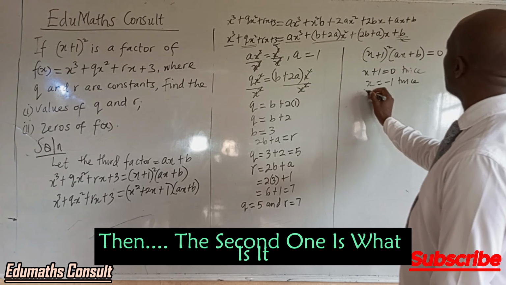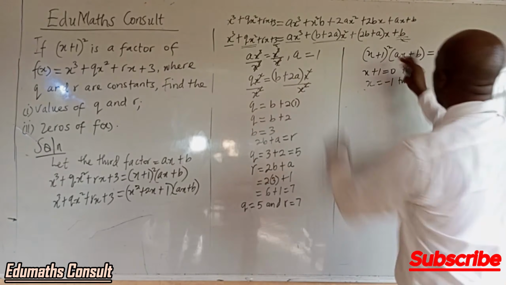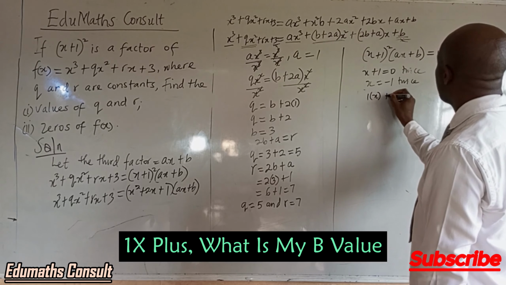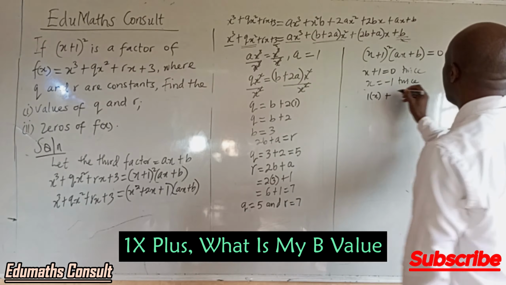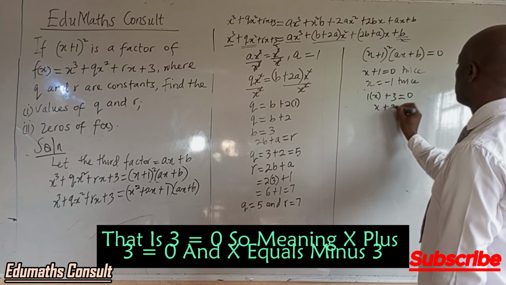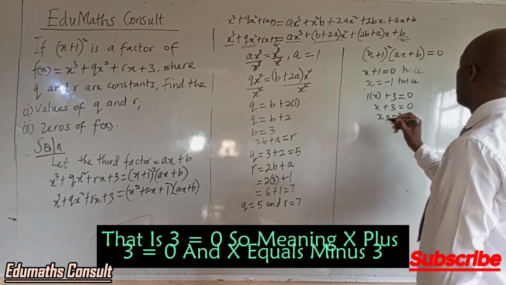Then the second factor: what is a? Our a value is 1. So you substitute 1x plus, what is my b value? That is 3, equals 0. So x + 3 = 0 and x equals minus 3.